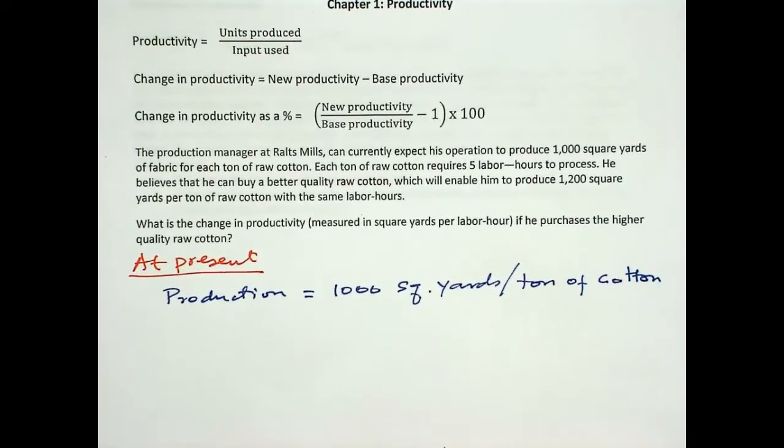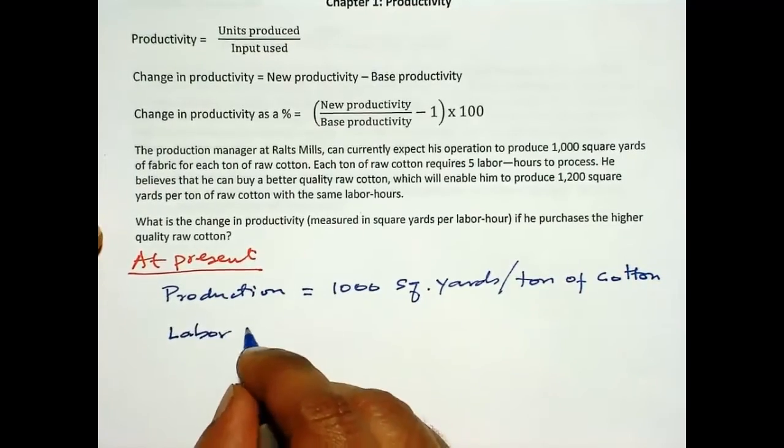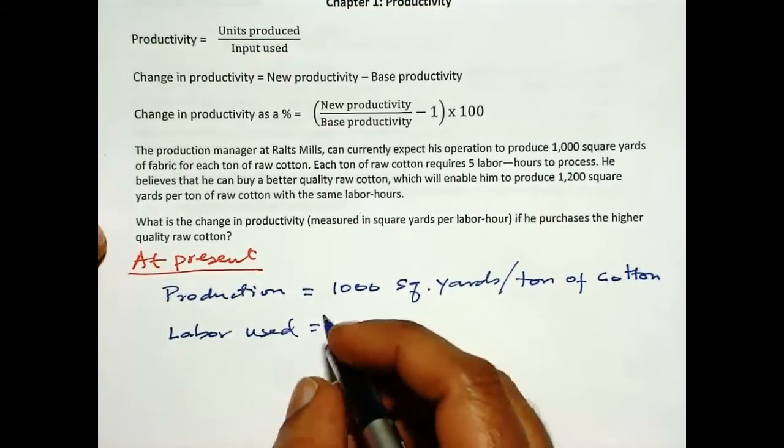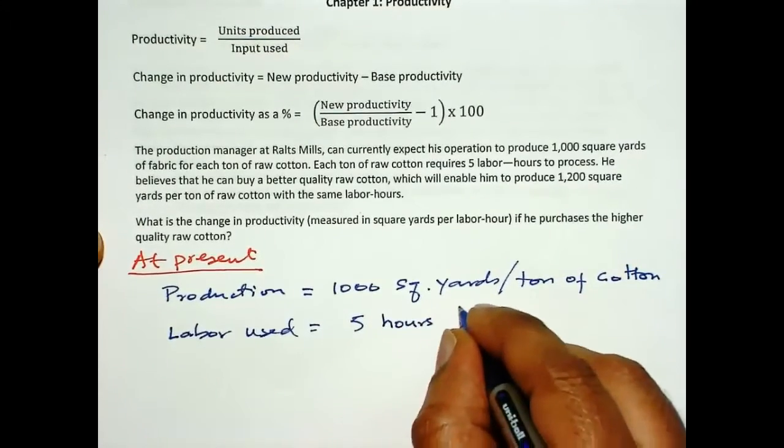Now labor used is 5 hours per the same ton of cotton.